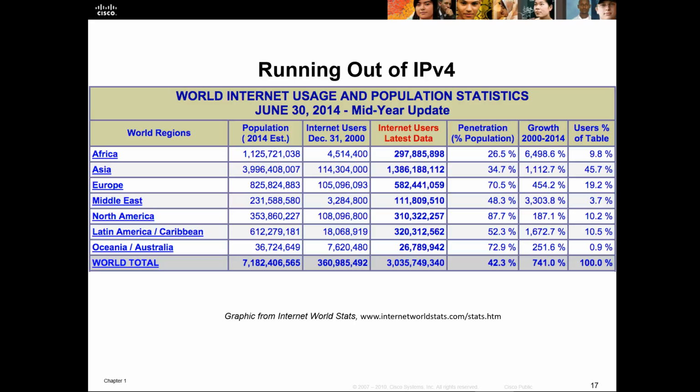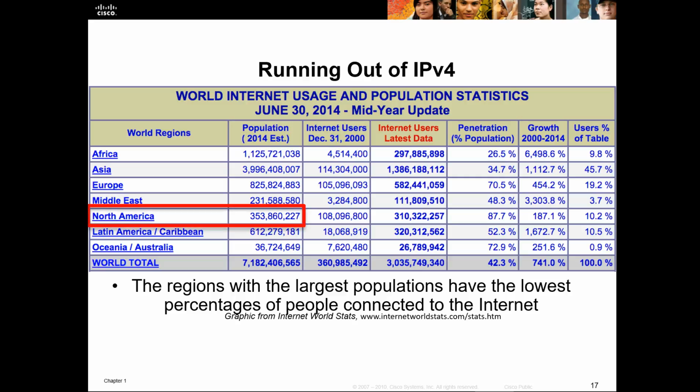So let's look at what the numbers were on June 30 of 2014. We're looking at population based on people that use the internet and the actual growth. In North America, we have 353 million people. Compared to Africa and Asia, Asia at its 4 billion plus people, and Africa with its 1.1 billion people.